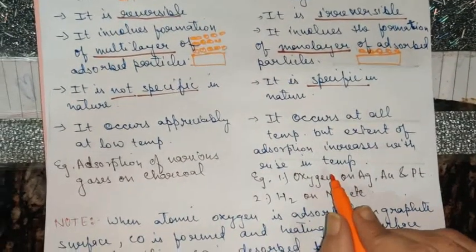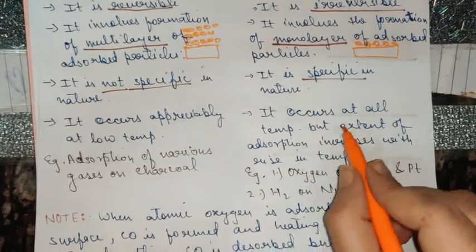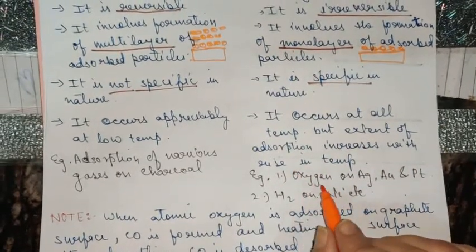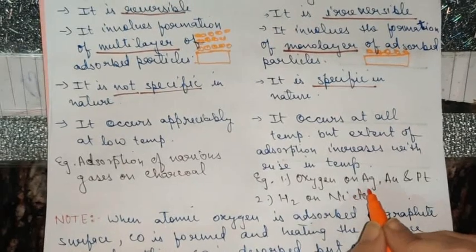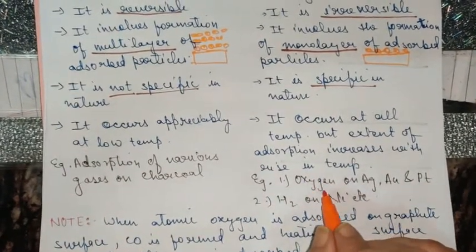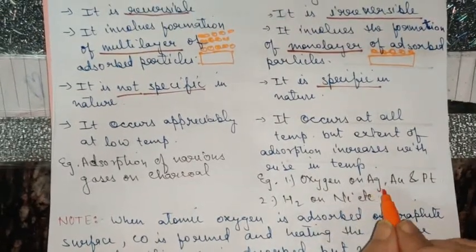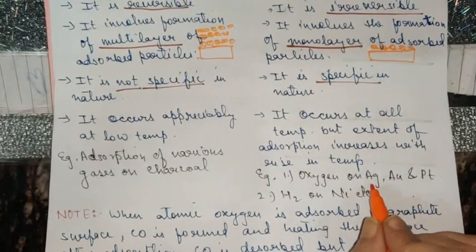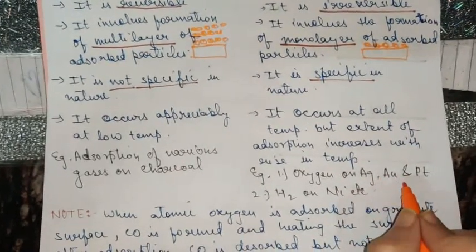And here you can see that it occurs at all temperature, but the extent of this point is clear. Now the example of chemisorption is oxygen on silver, gold, platinum. So oxygen is again a molecule, and these are the metal surfaces. This you can study as catalyst. This I'll be taking up further in the chapter.